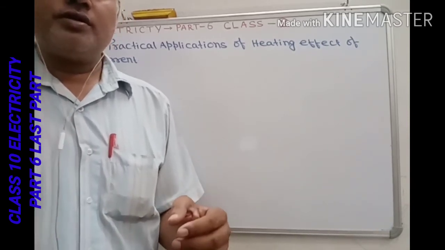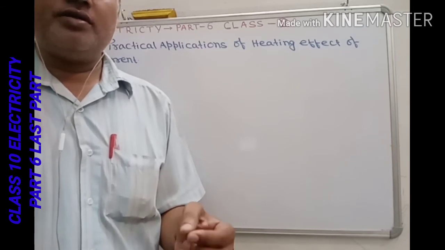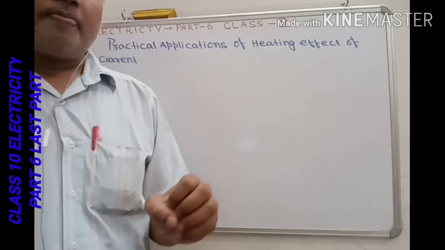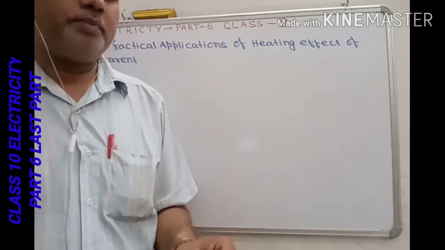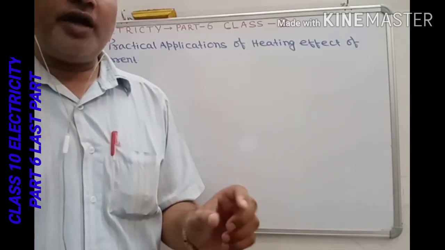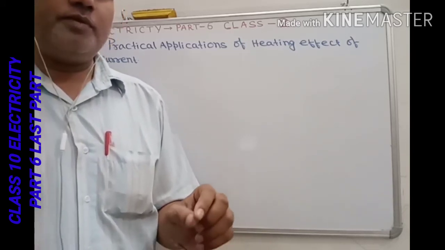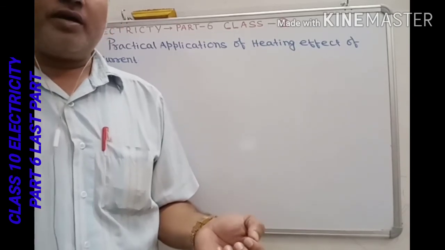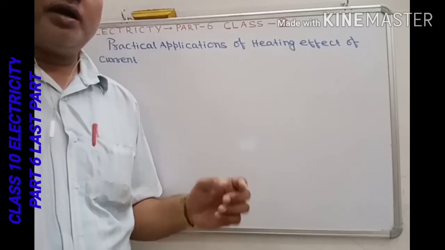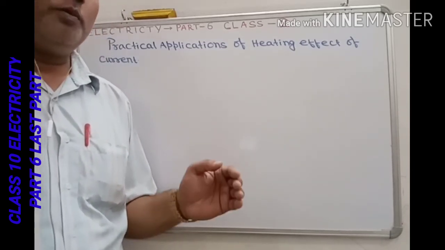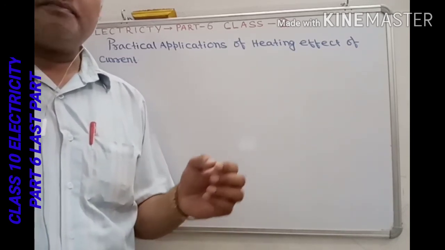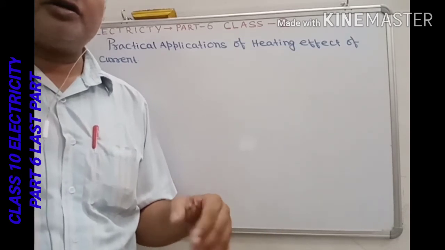For this, we take a fuse wire made up of alloys. It may be of aluminium, copper, tin, lead, iron, etc. We use alloys in place of simple copper wire because the fuse must be of high resistance and low melting point, so that it melts when the current is too high.